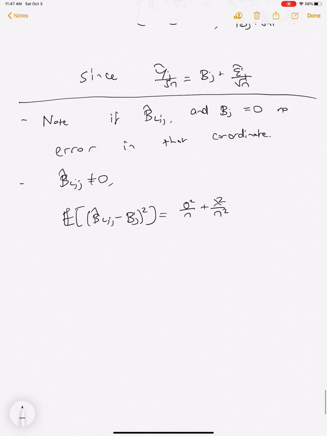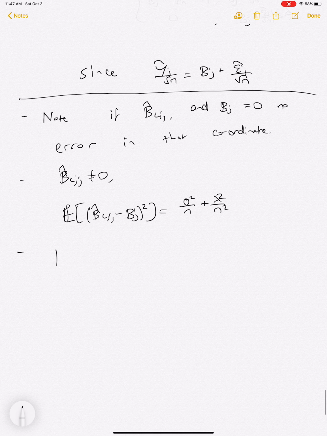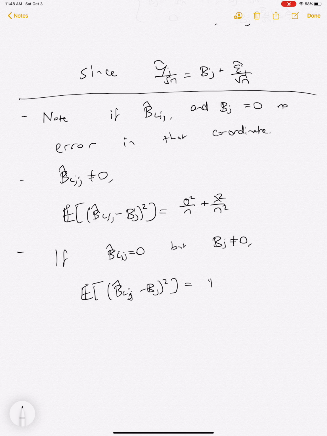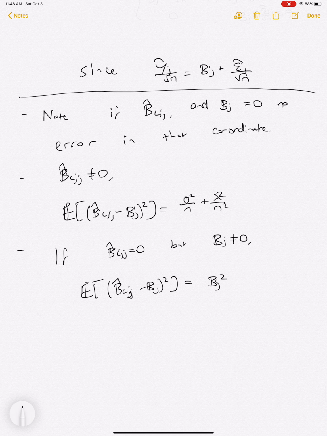The other case to worry about is when beta hat Lj equals 0, but Bj is not 0. Then the error is just going to be equal to Bj squared. So we have these three different cases to think about.